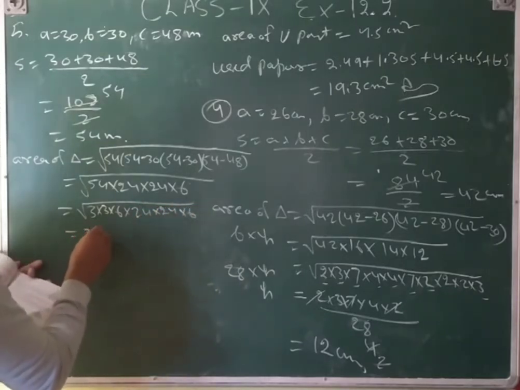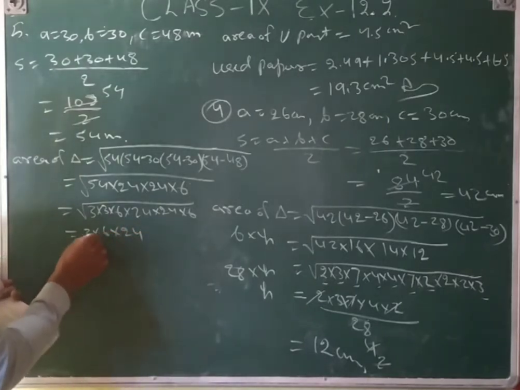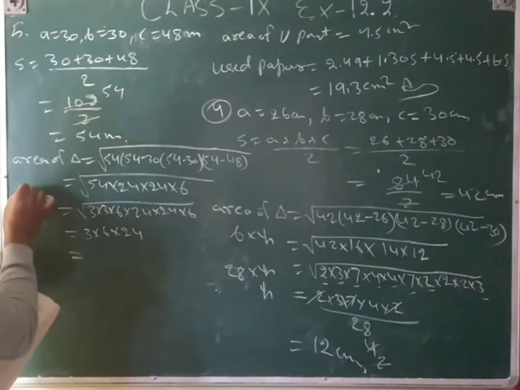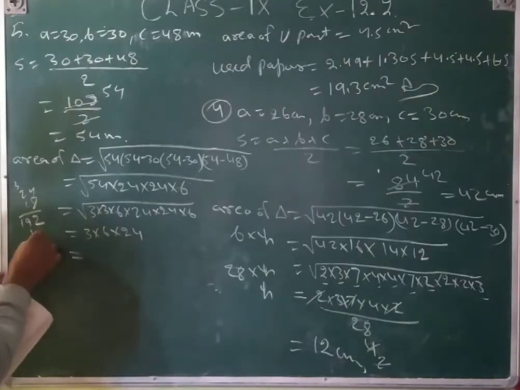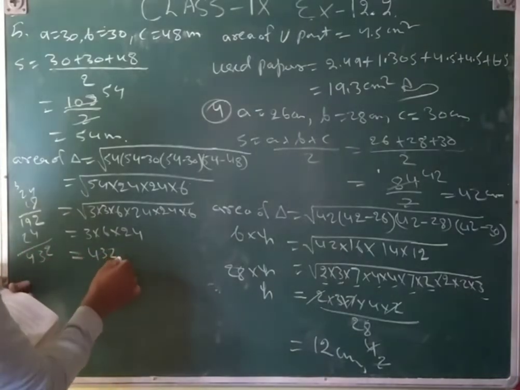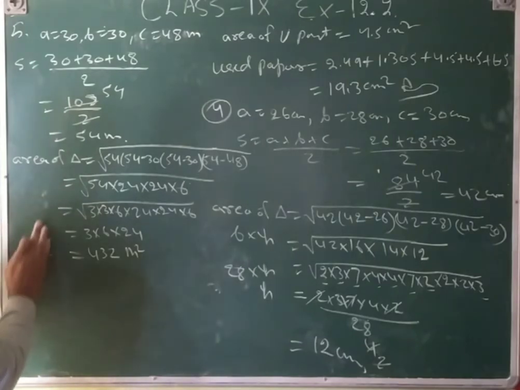Then 3 comes outside, 6 comes outside, 24 comes outside. 3 6 is 18, 18 24 is 432 meter square. Means a rhombus has two triangles.